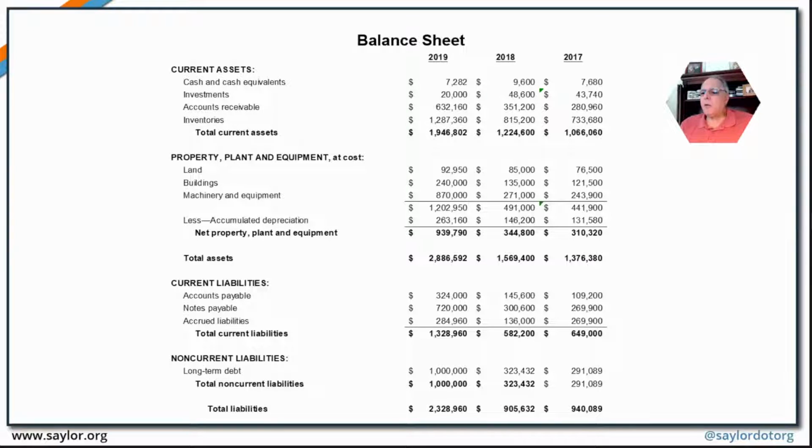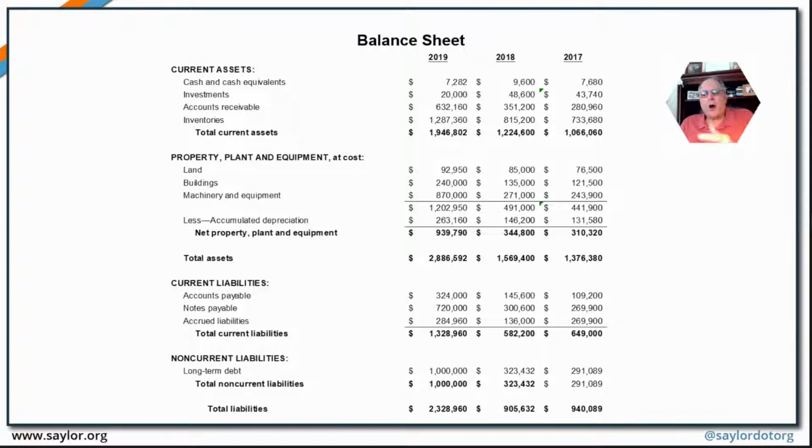Assets are broken down into two categories: current assets and non-current assets. What's the difference? Current assets are anything that can be converted to cash within a 12-month period. And they're listed in order of liquidity. Liquidity is simply a way of looking at turning an item into cash. So what's the most liquid asset you have?